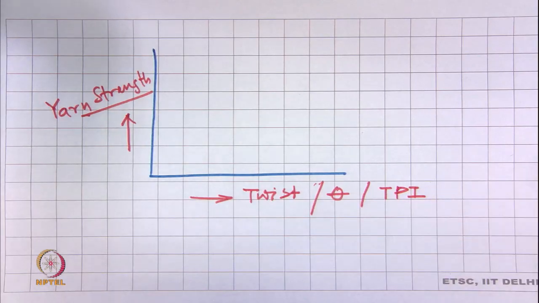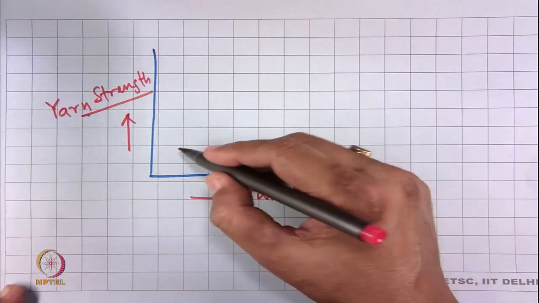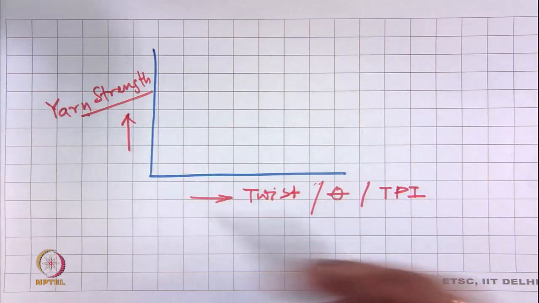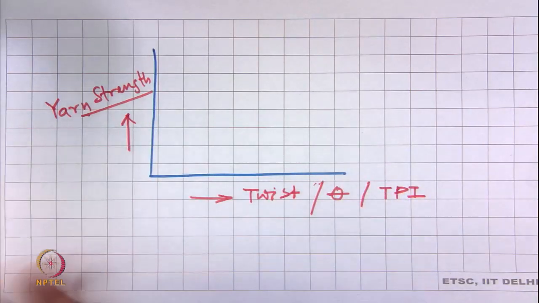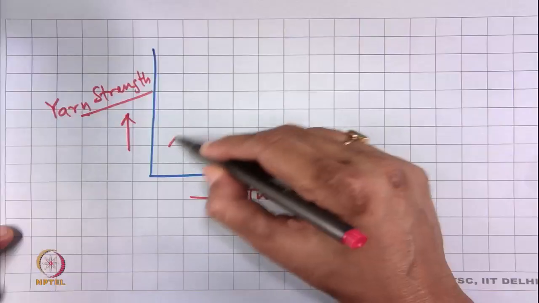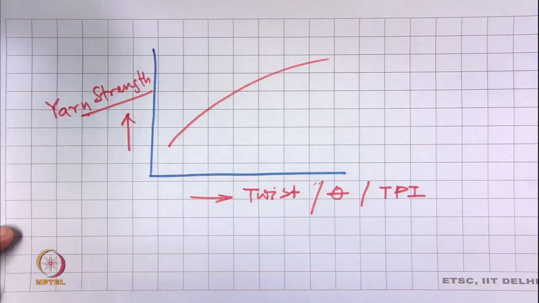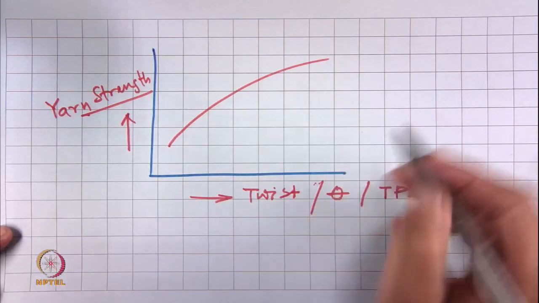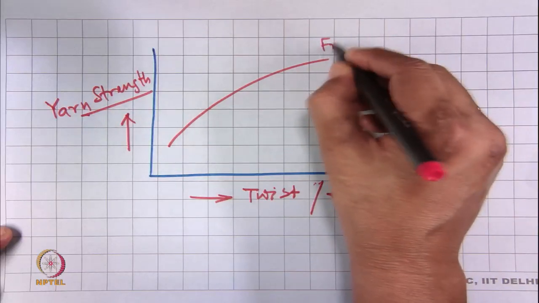In one component, due to fiber to fiber friction, the yarn strength increases. So, it will give us this value. With the increase in twist, this is the friction component.